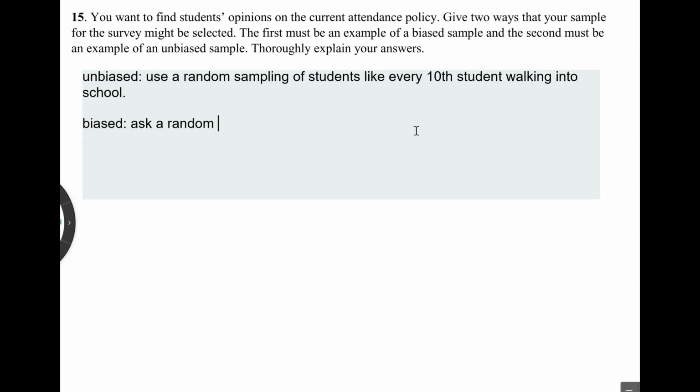Cool. So ask a random sample of students. Sorry, did you raise your hand? What did you say? What if you ask the first 10 kids to get to school? That would also be biased. But also, if they're getting to school early, does that mean they've always gone to school early, or only today?